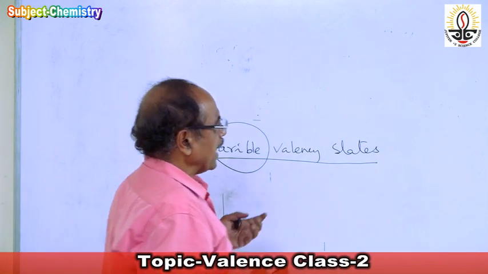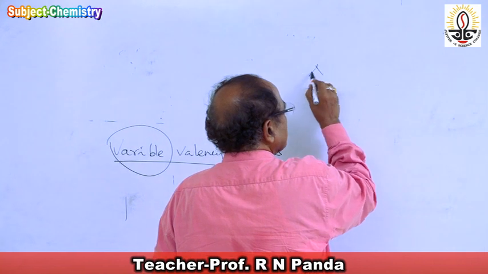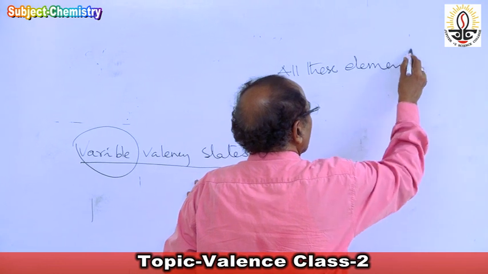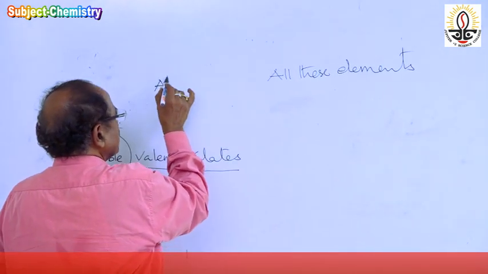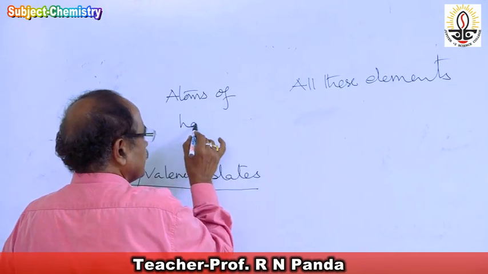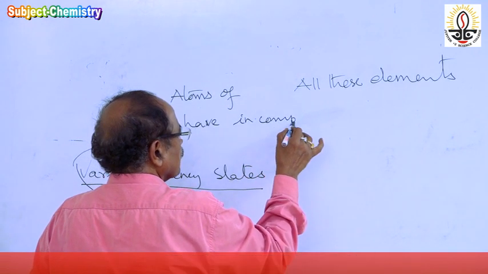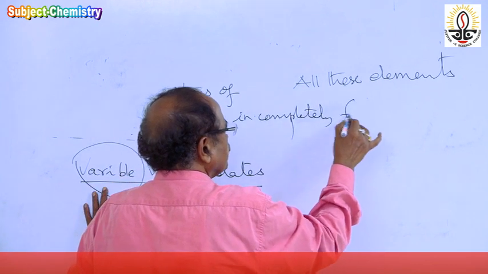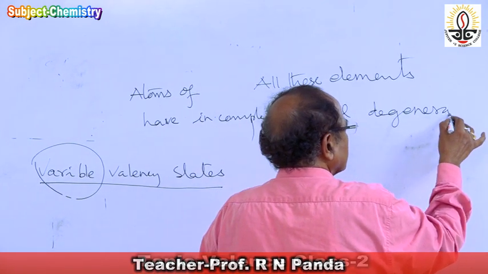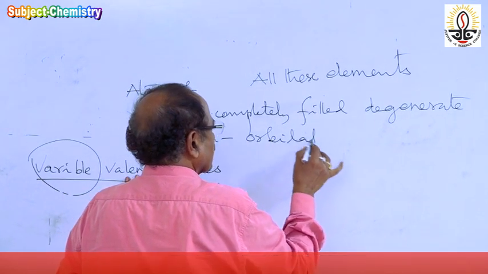All these elements, or you can say the atoms of all these elements, have incompletely filled degenerate d orbital configuration.